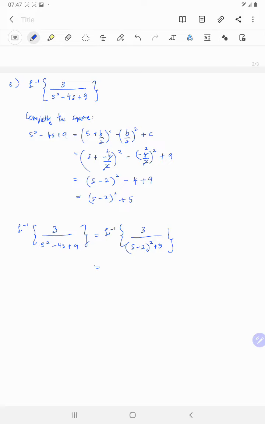So that means we must apply the first shift, with a equals 2. So we must apply the first shift, e to the 2t, Laplace inverse of F(s). Now our F(s) becomes 3 over, the s minus 2 becomes s only. The constant we take out.